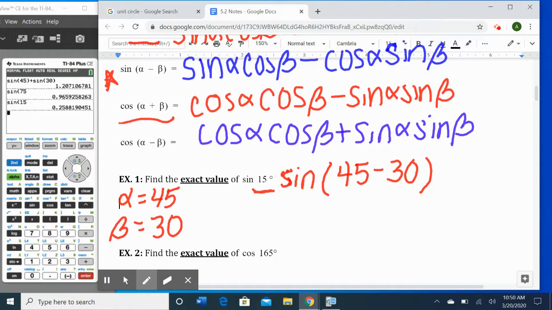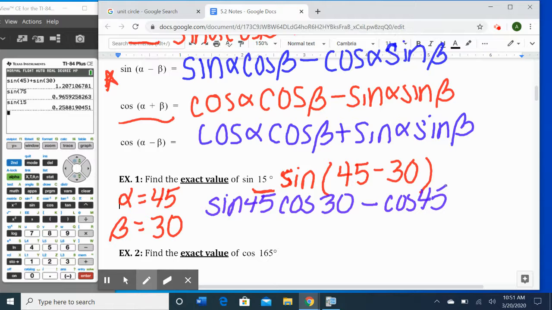So the sine of alpha minus beta is equal to the sine of alpha, so the sine of 45, times the cosine of beta, so the cosine of 30, minus the cosine of alpha, which is the cosine of 45, times the sine of beta, which is the sine of 30.